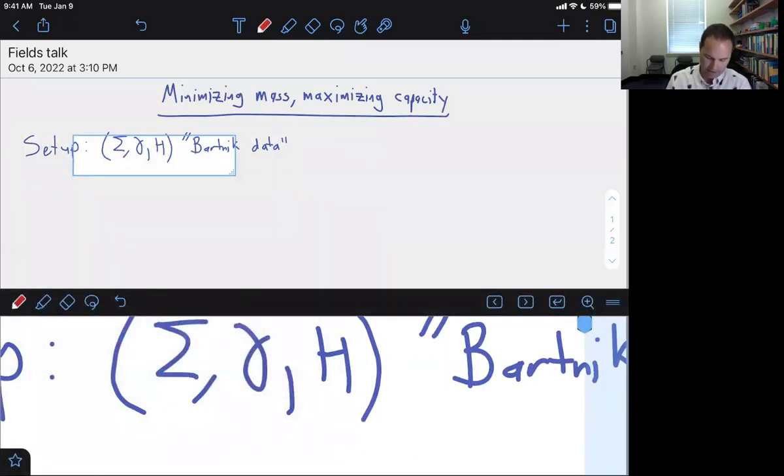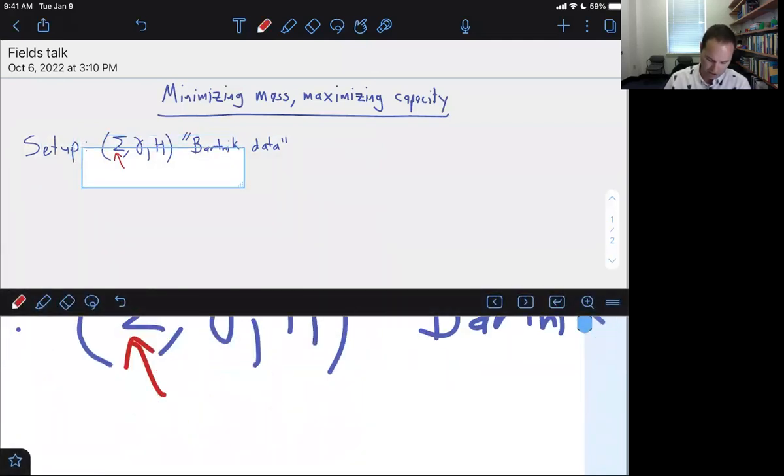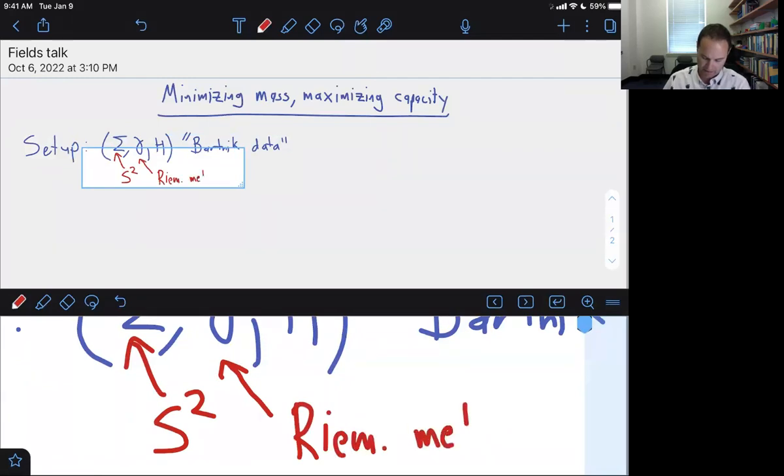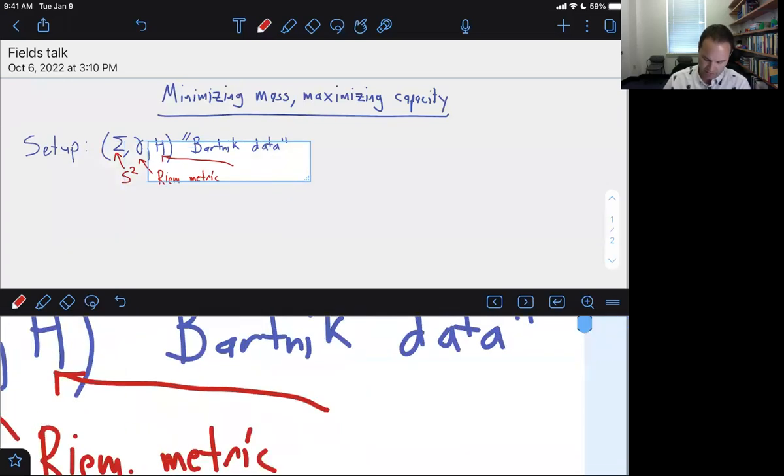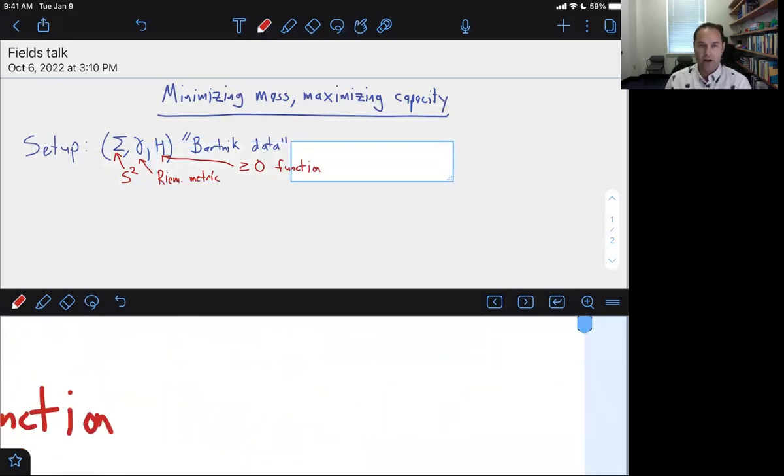Sigma is just a surface. It's topologically S2. Gamma is a Riemannian metric on the surface. And then H is just some non-negative function here. And we can take all this data to be smooth.